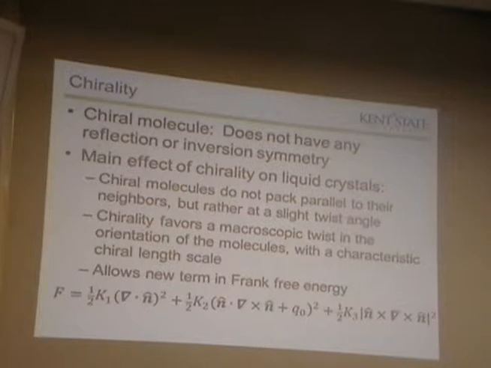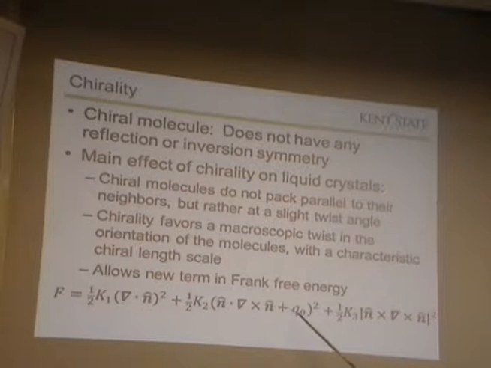So one way to think about that is that if you have chirality, mathematically, it allows a new term in the free energy. It would allow a term that looks like this Q0 term. This is a term which is related to chirality.